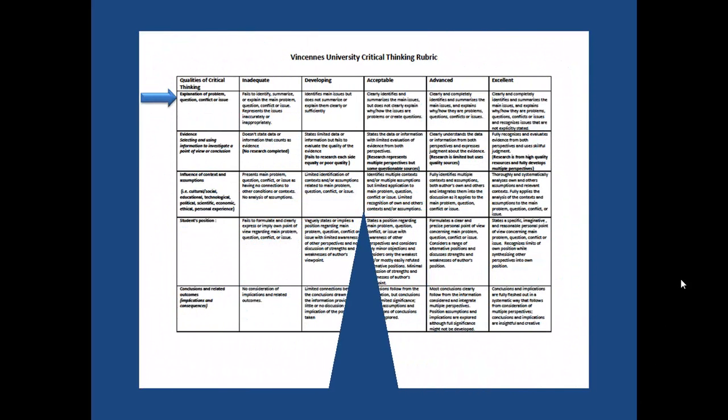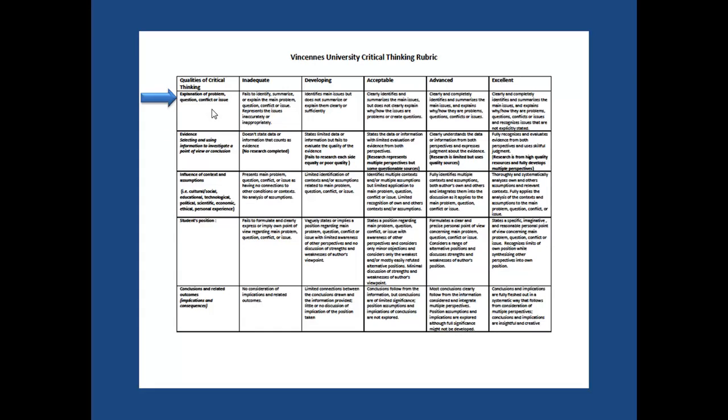So when you develop these assignments, you need to be looking at the now world famous Vincennes University critical thinking rubric. Your assignment has to be such that when you grade it, you can determine where the student stood in these different domains within the rubric.